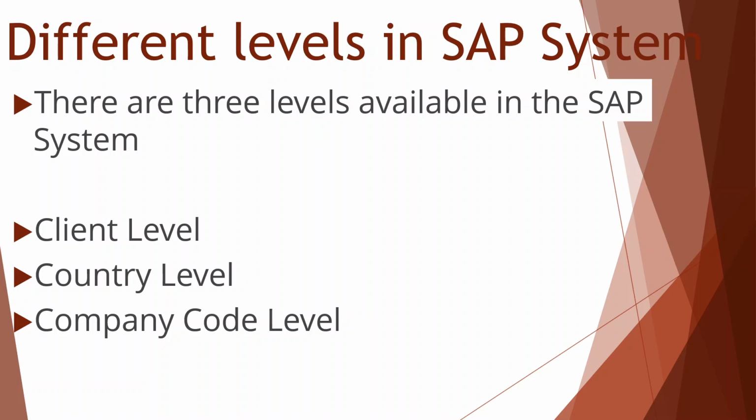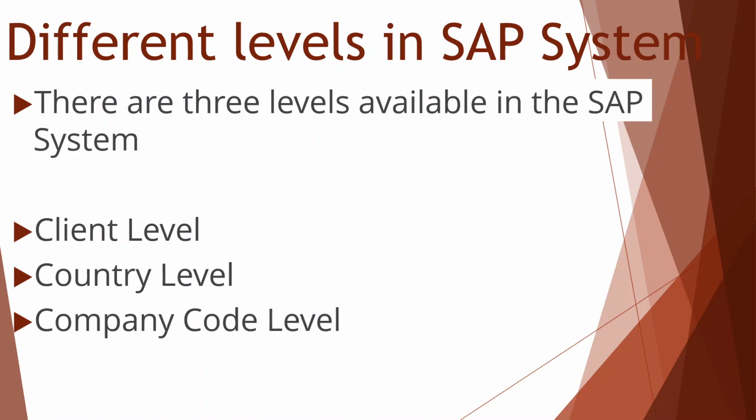So our first level is called the client level, the second level is called the country level, and the third level is called the company code level. Client level is the highest level. Please keep in mind, the client level in the SAP system is always the highest level. The next level is called the country level.